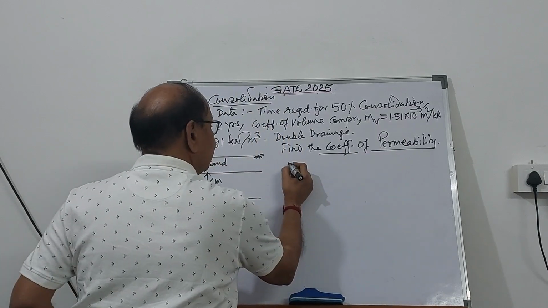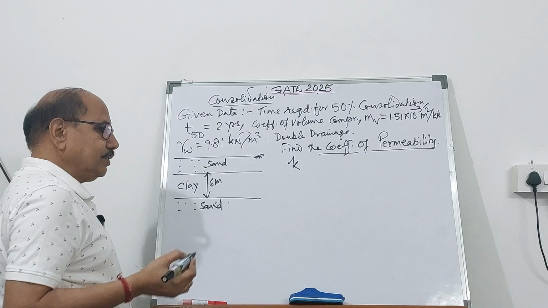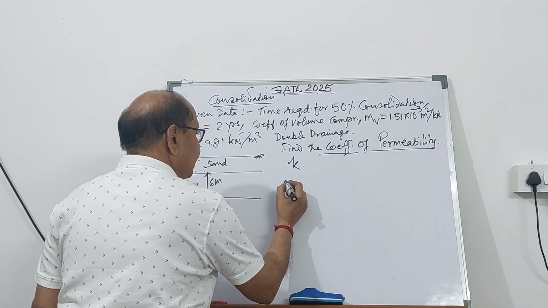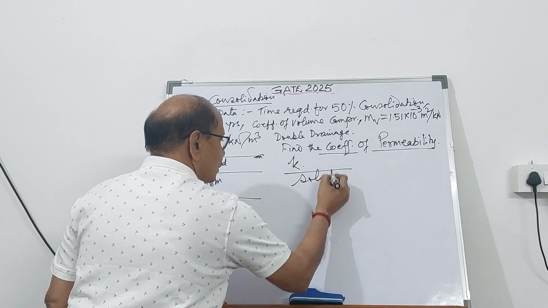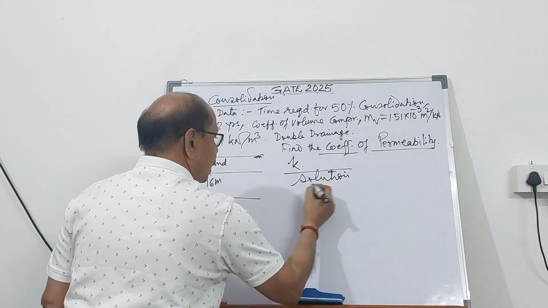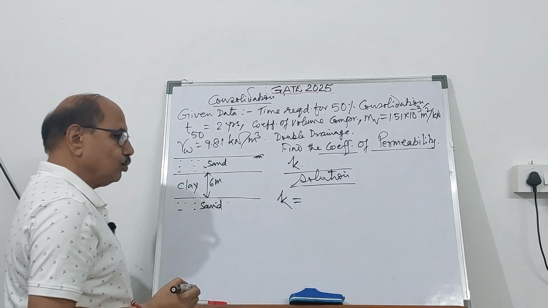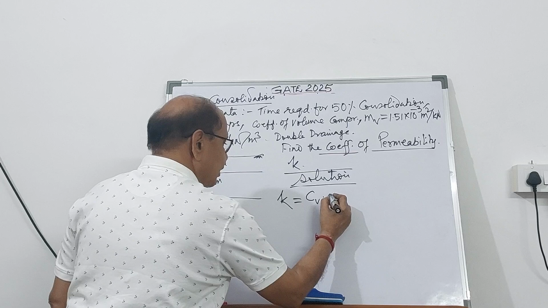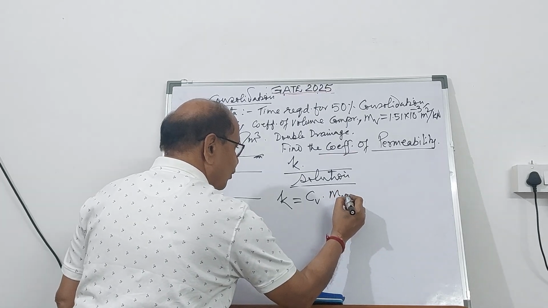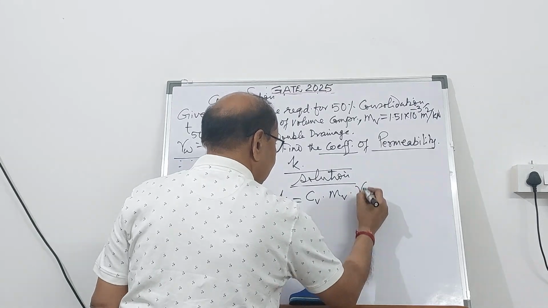Coefficient of permeability means K. So friends, you already know that, K solution part, we can see it. How will you find out the value of K? K is equal to the coefficient of consolidation multiplied by the coefficient of volume compressibility multiplied by the unit weight of water.